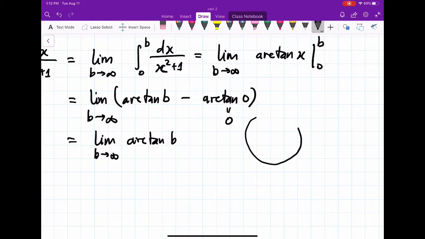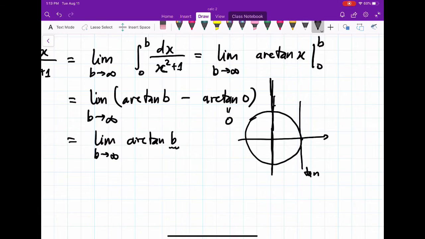So what's that? Look at this unit circle. This is the tangent axis, right? When b approaches infinity, that means the function value, arctangent, when b is the function value.